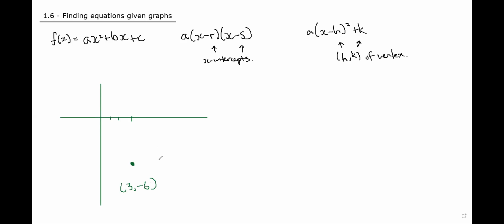And it is clear that that's the vertex. But I don't tell you what the x-intercept is, so even though it looks like it's a 1, 0, it's not. And I just say, hey, this is a 4, 5, 6, 7, 12. That's it.